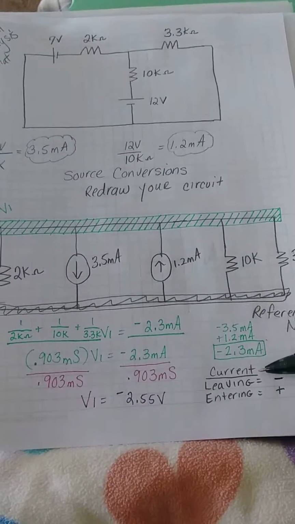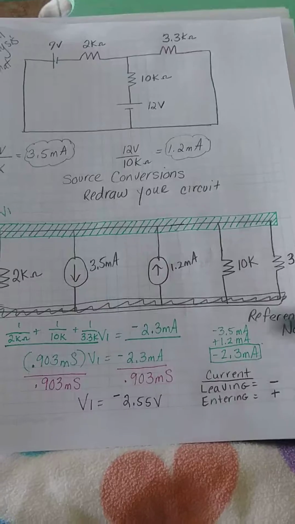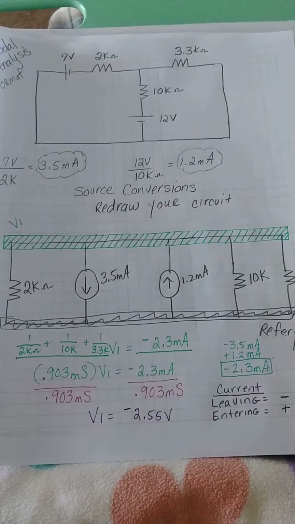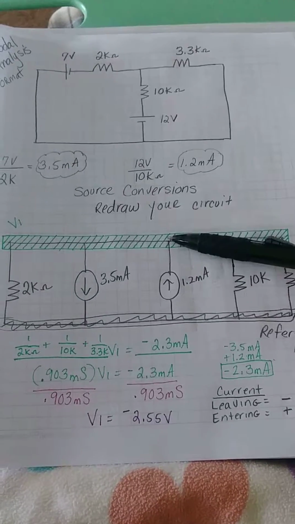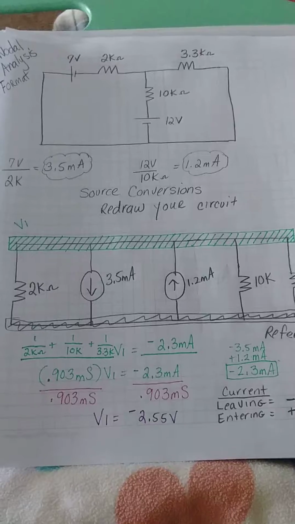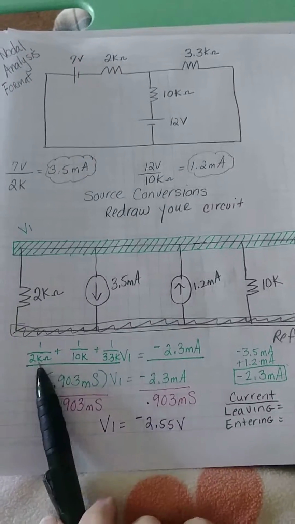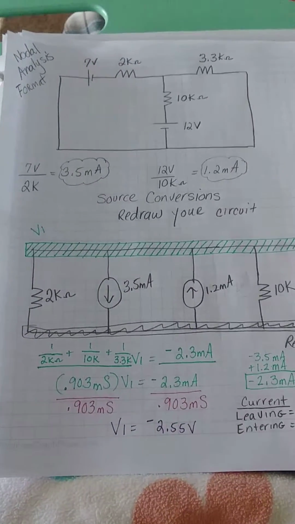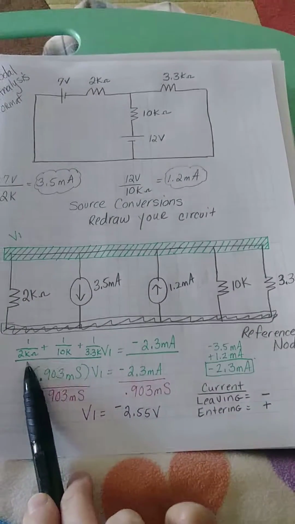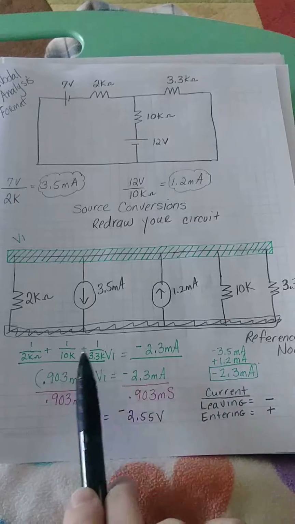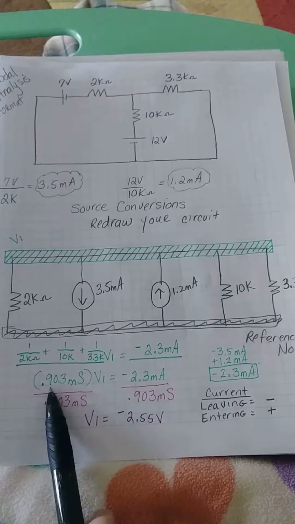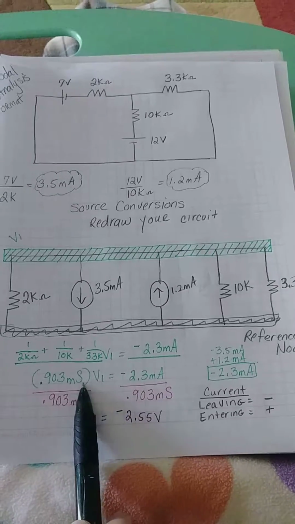Right here, remember, if a current is leaving the node, so this current is leaving in this direction, it would be a negative. If the current is entering the node, it would be positive. So that's how we got this. Okay, so then we write our equation, and we formulate it out. 1 divided by 2K plus 1 divided by 10K plus 1 divided by 3.3K is 0.903 millisiemens.